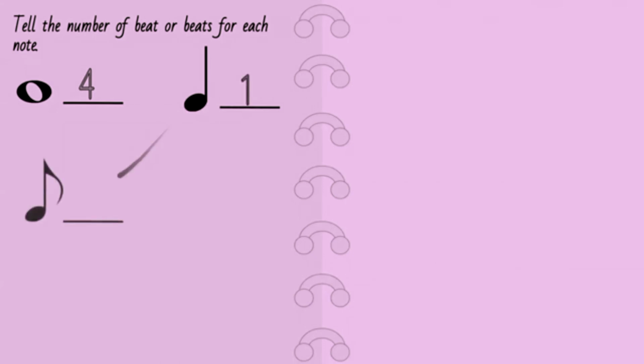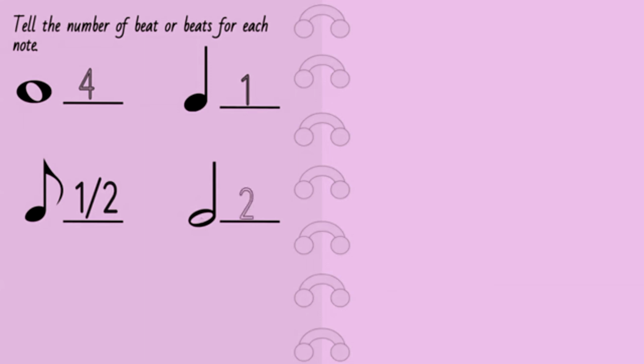Correct. For this one, it has a 1 beam already. 1 flag. That is an 8th note. How many beats? Correct. It has a 1/2. 1/2 beat. This is unshaded head, so it's okay, it's half note. How many beats?